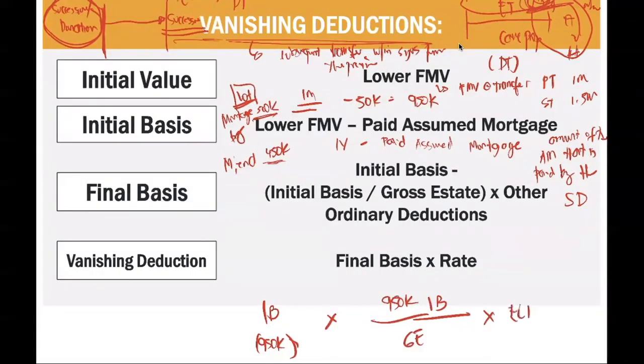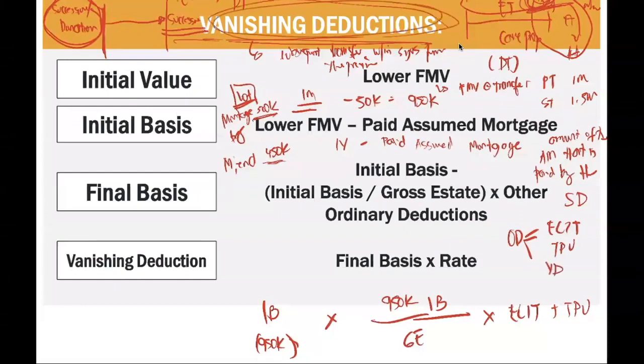What are your other ordinary deductions? ELIT plus transfer for public use. Because we have only three ordinary deductions: ELIT, expenses, losses, indebtedness, and taxes. Then we have your transfer for public use. Then we have your vanishing deduction.